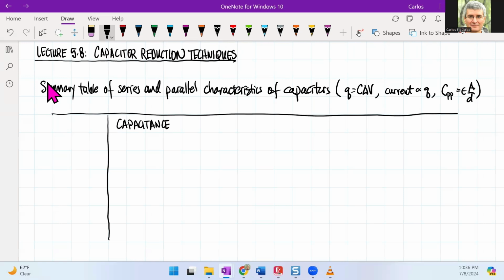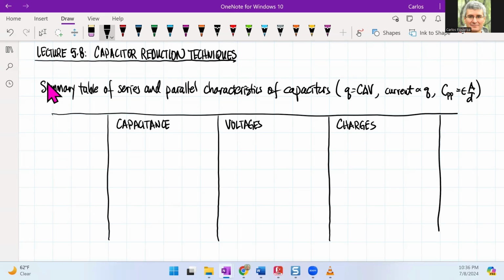And then I want to make a column just on voltages. And then finally, I want to make a column on charges. I'm going to guess that it's going to take me all the way to about right here, so I will adjust everything.